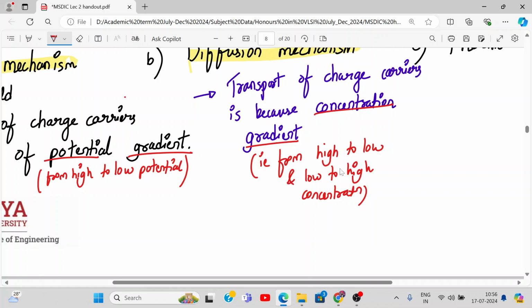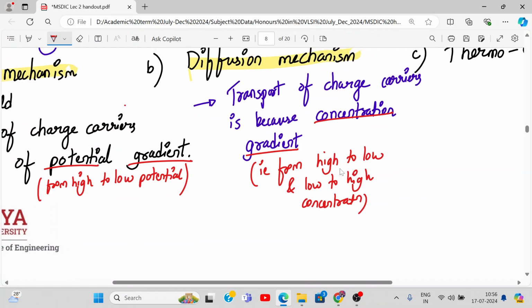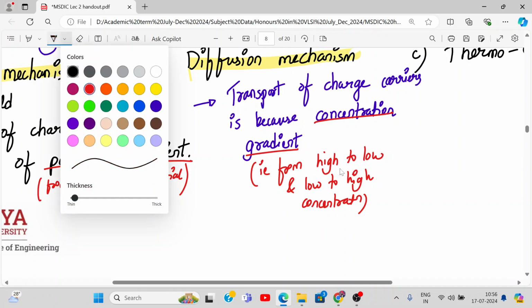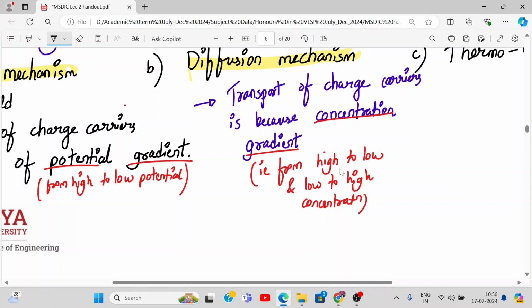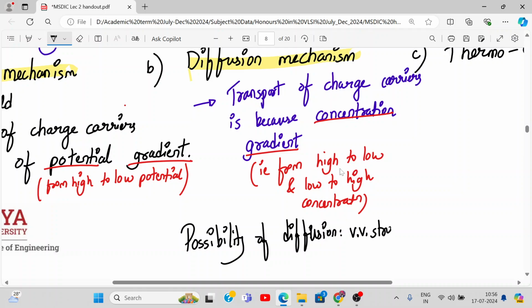And is the possibility of diffusion in semiconductors very high or very low? It's very strong. Why?